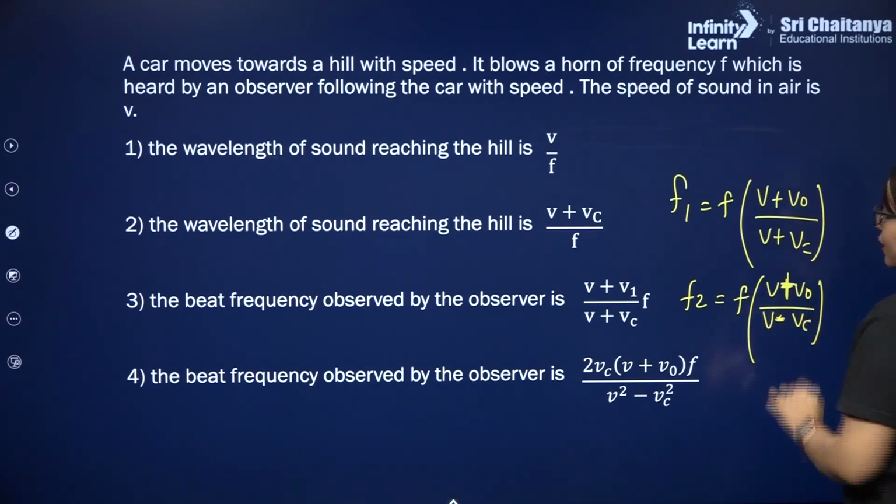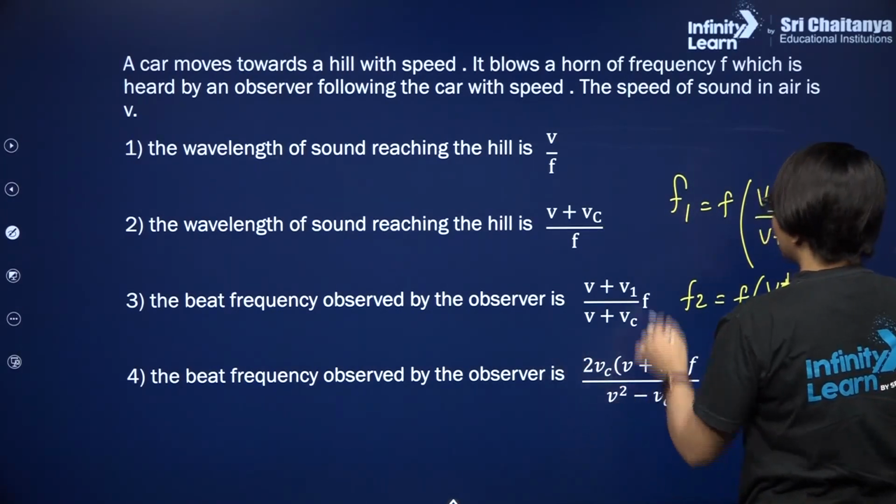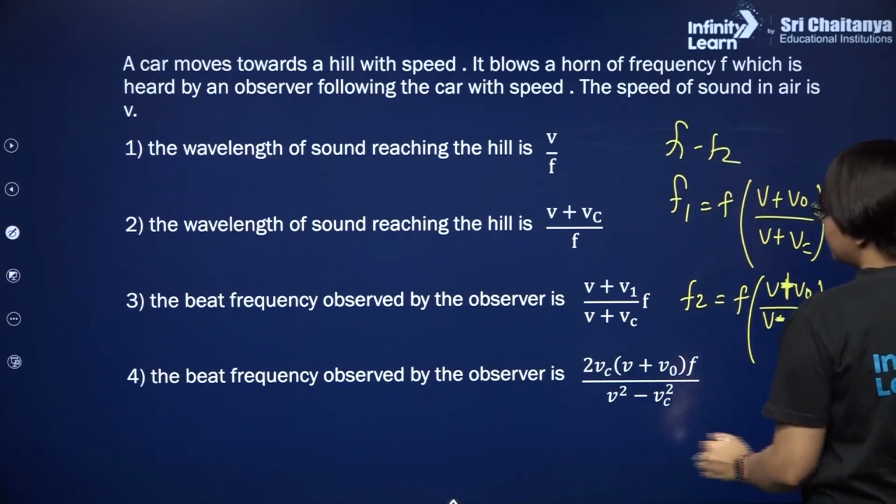So if you find the beat frequency f1 minus f2, you will get beat frequency as this much.